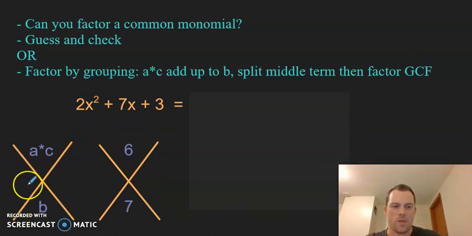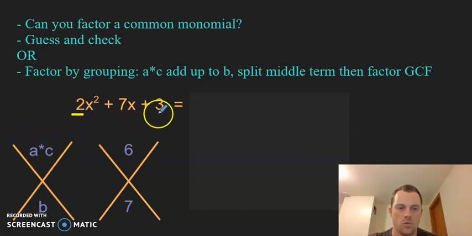So we've got this diamond method here that we talked about with a equals 1. And in that example, we took the c value and put it up top, and the b value in the bottom. But here you see it's a times c. So we're actually taking 2 times 3 and getting 6 in the top.